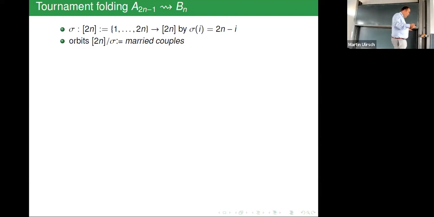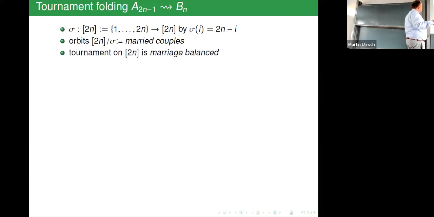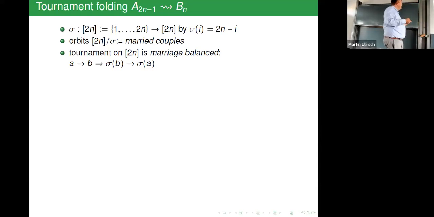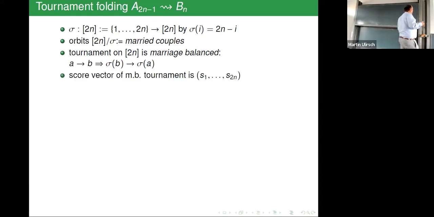So now we have n couples playing a tournament. Everyone plays everyone, and we will call such a tournament a marriage tournament. We're talking about tournaments with an involution, and those are the ones that are nicely balanced. You can actually think about what the score vector should be.